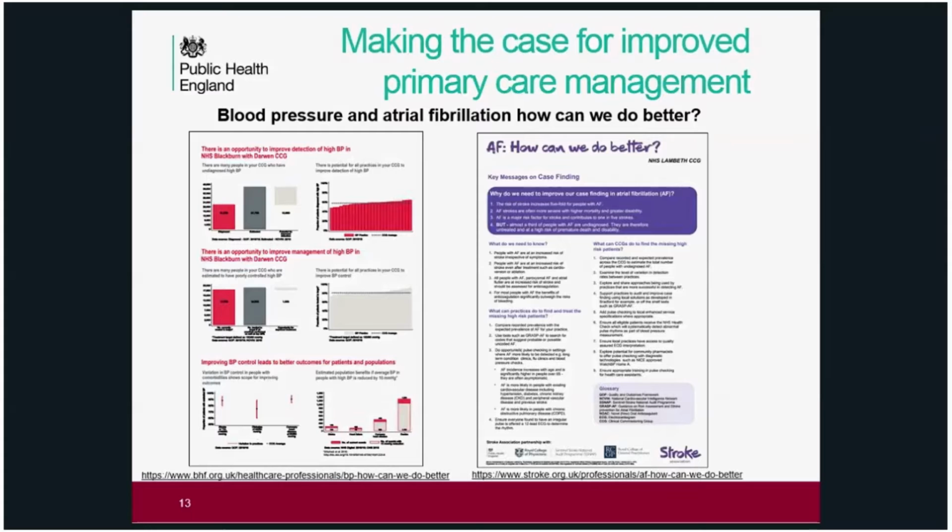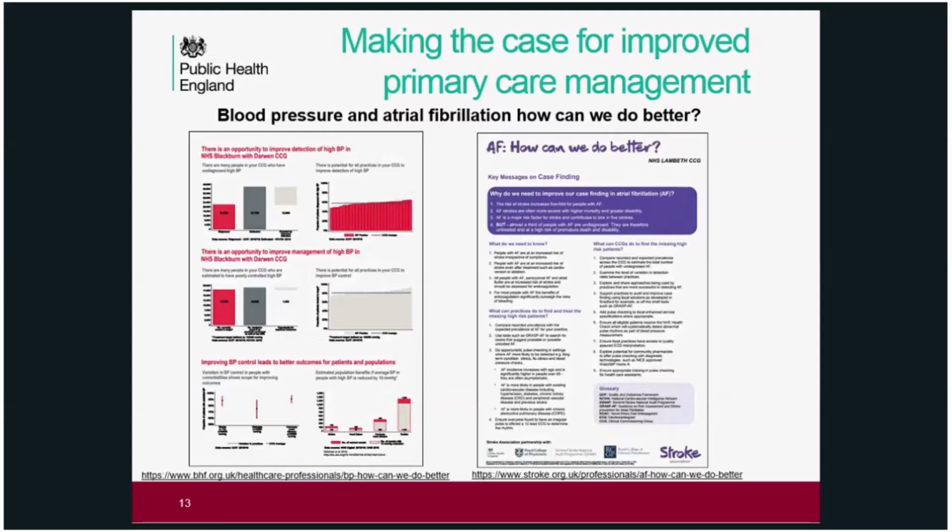As well as highlighting variation in primary care, NCVIN has worked with partners to present the information in a way which might help you promote quality improvements locally. The examples on this slide are called the atrial fibrillation and the hypertension 'how can we do better' profiles. There's a profile for each CCG, and they're about 2 to 3 pages long.